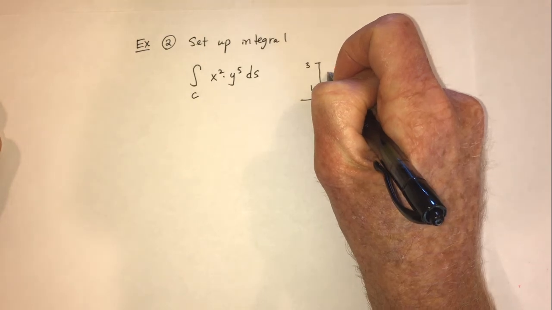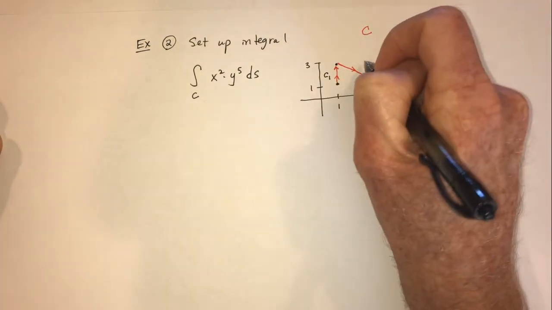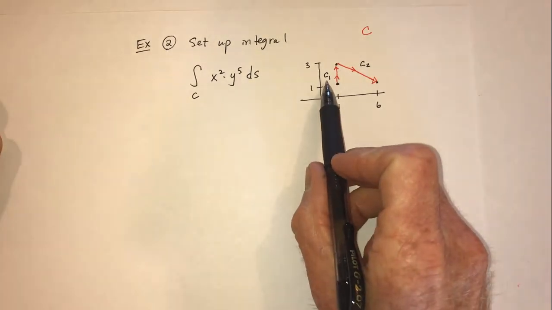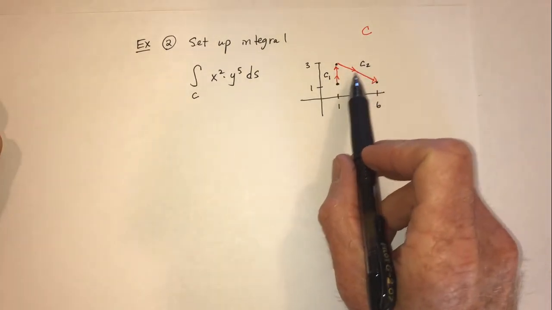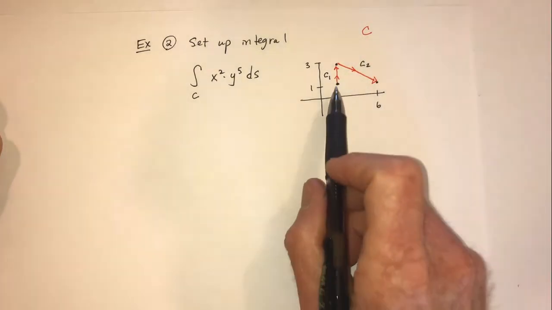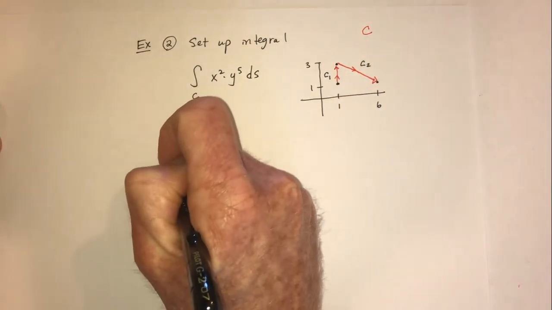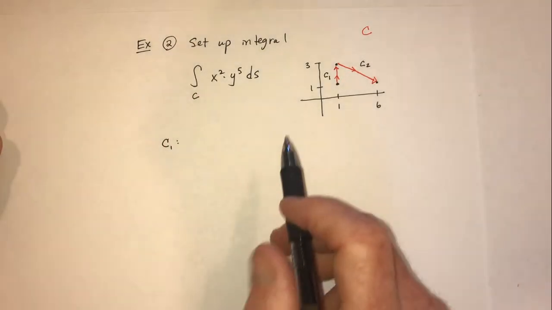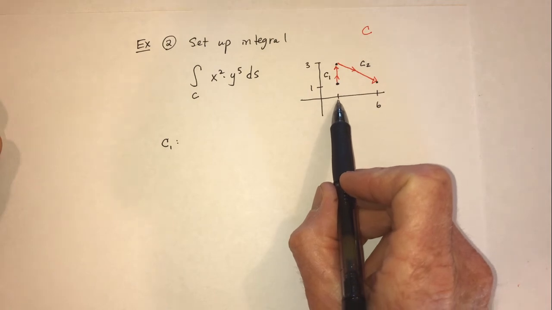So I'm going to break this up and say this is curve number 1 and this is curve number 2. And then you could integrate over curve 1, integrate over curve 2, and then add the two together, and that will be integrating over C. So for curve 1, well, for this one right here, x is always equal to 1.